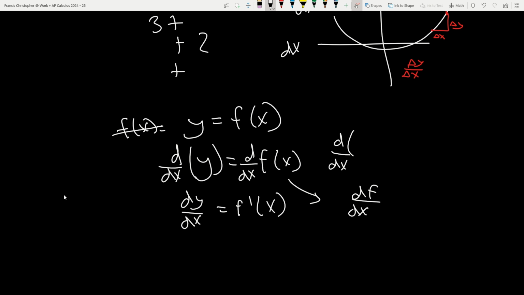And notice that it's not dy, right? Because we are taking the derivative with respect to x, the horizontal distance. We're taking the derivative with respect to x.